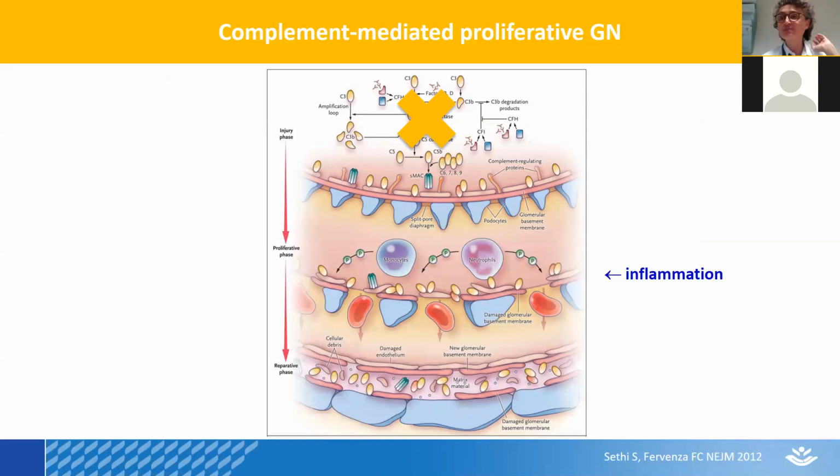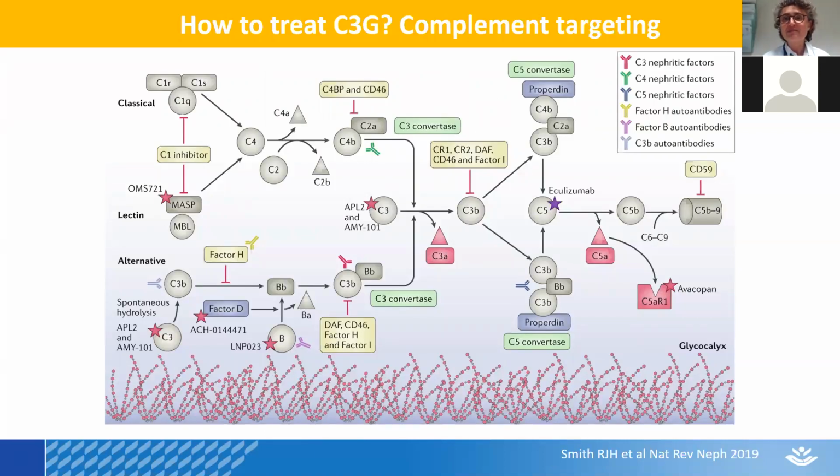And as we move forward, and currently as we speak and in the very near future, we will be able to do this more and more effectively and more frequently. So there are many different agents that target complement and that block the dysregulation of the alternative pathway of complement, switching it off so that you then reduce the C3 deposition in the kidney, and slowly the kidney has time to heal itself and to repair and to stop leaking protein into the urine.